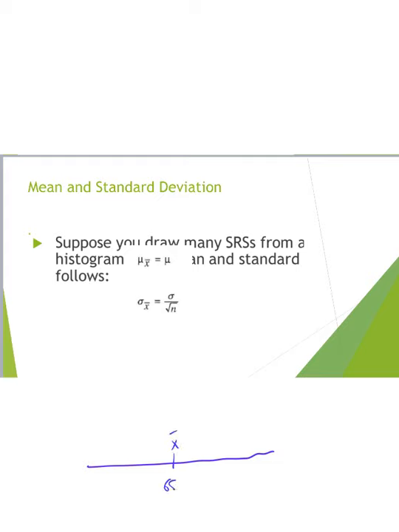Okay, so if this is height in our school, it might look something like this, where these are all the x bars from a bunch of samples, again, millions of samples, but here's just an example that has, we'll put 10 x bars in there. And again, the idea is to get that shape that's roughly normal. Well, the mean or the center of this histogram, as you can see here, the center of the one I drew would be at 68 inches.